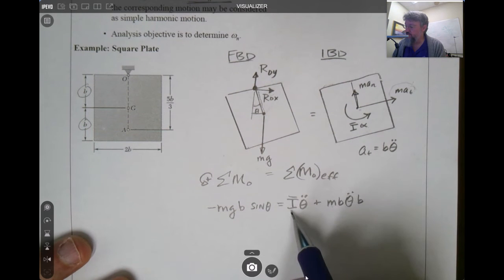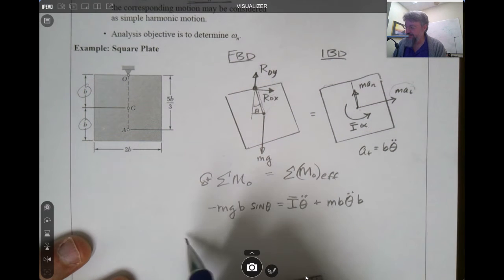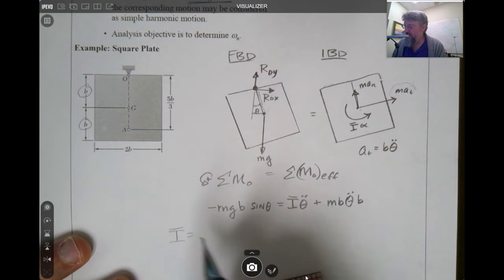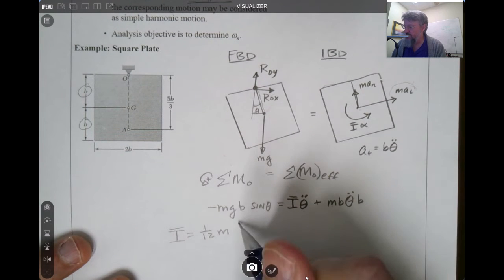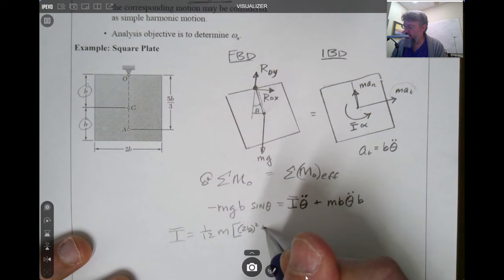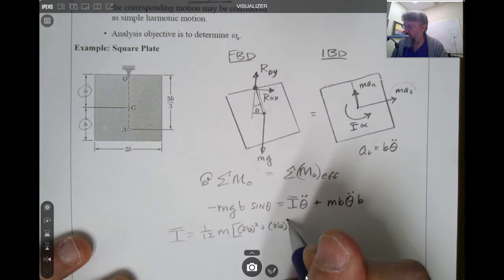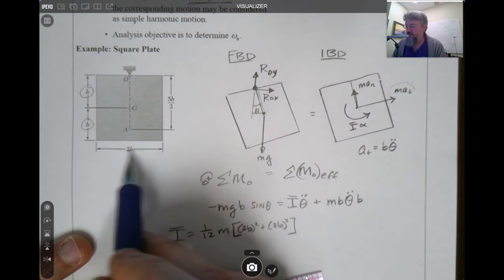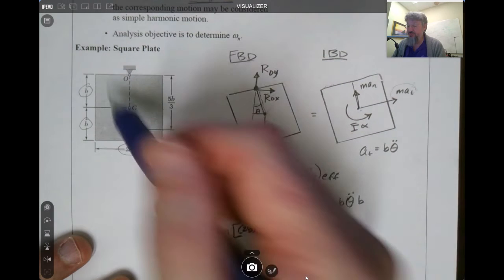We want to replace this I. So by the definition of being a square right here, we get 1/12 m, and it's going to be (2b) squared and (2b) squared right there, because the length of each side is 2b.